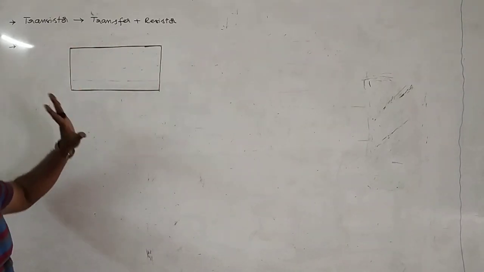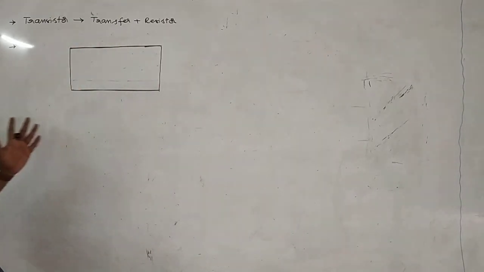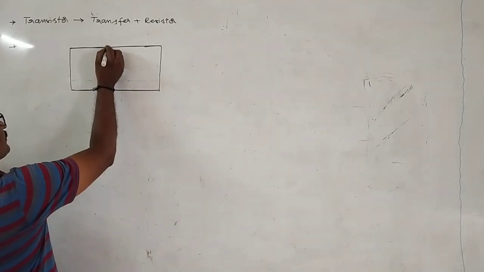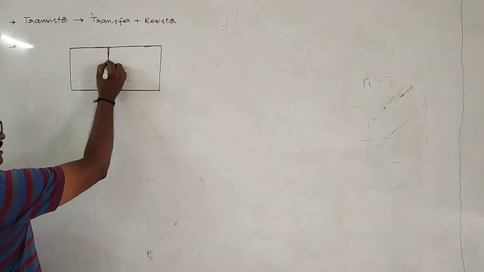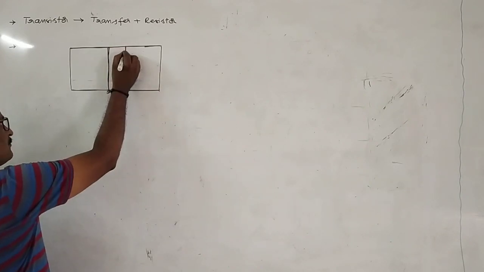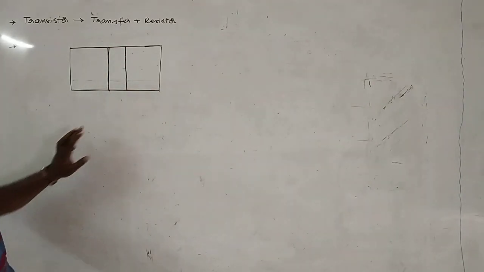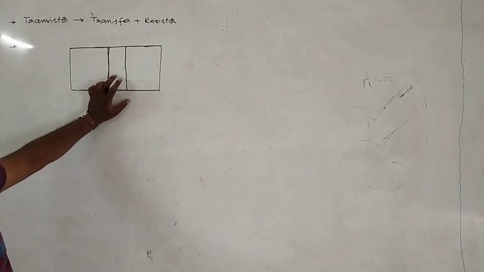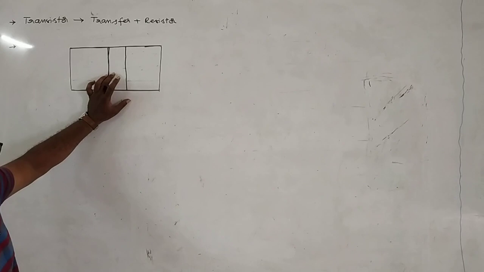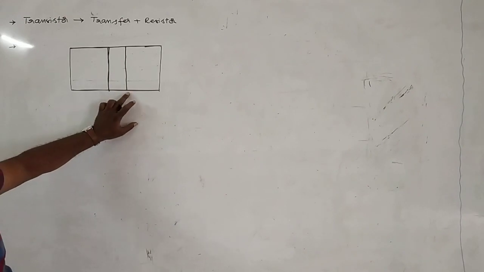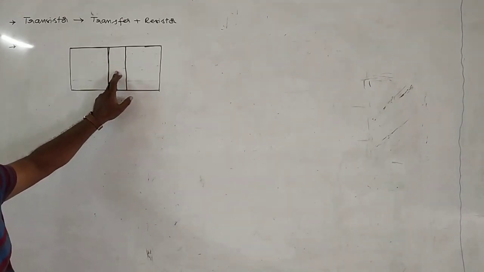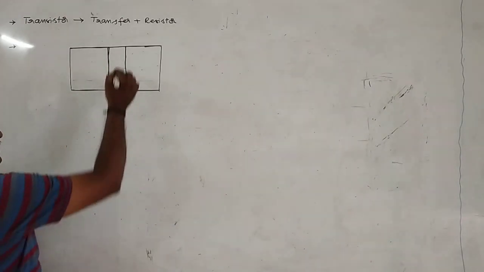It is silicon material. At the middle of the silicon, a light amount of pentavalent impurities are doped. Light means a very small number of pentavalent impurities are doped atomically. Pentavalent means it converts into n-type. So it is known as the n-type.